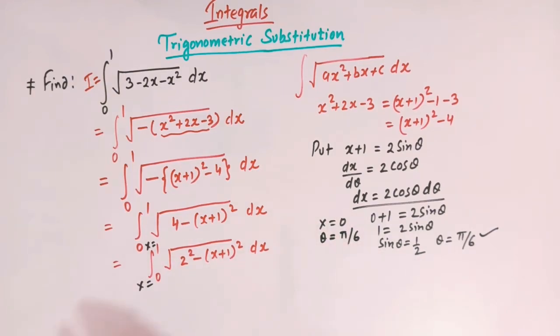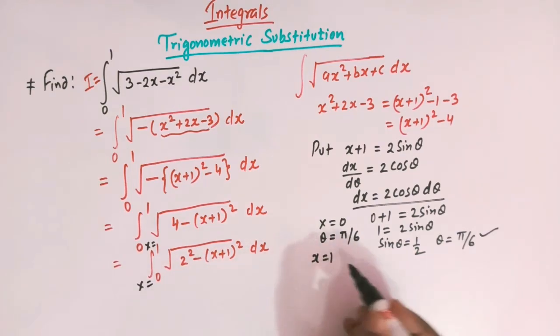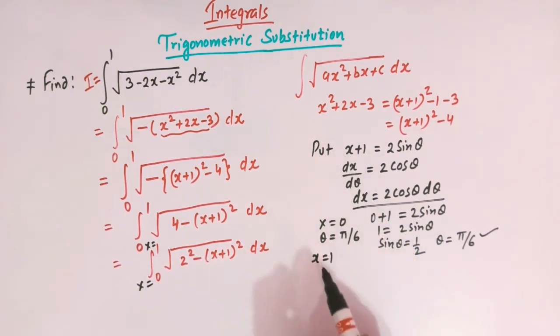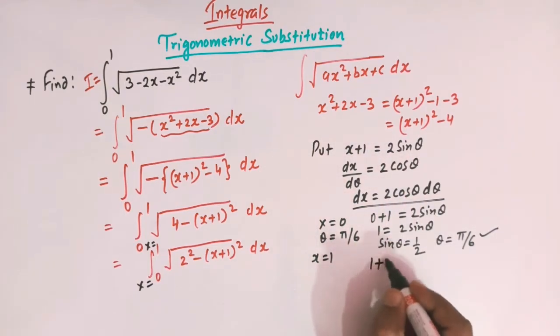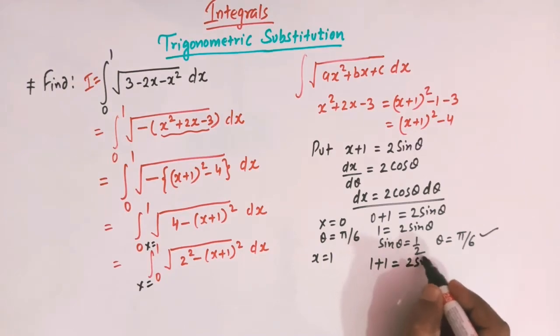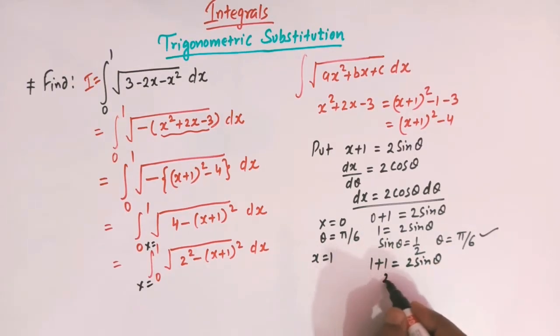Okay, now similarly when x is equal to 1, here we can substitute x is equal to 1 to find the value of theta. So we have 1 plus 1 is equal to 2 sine theta, and 1 plus 1 is equal to 2.